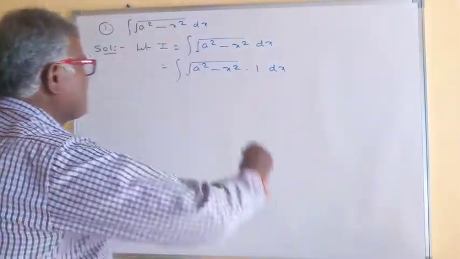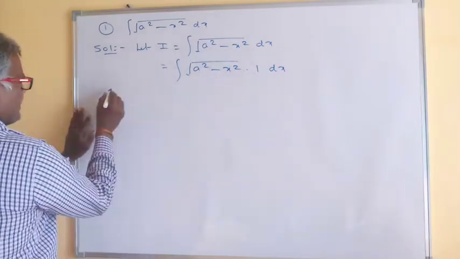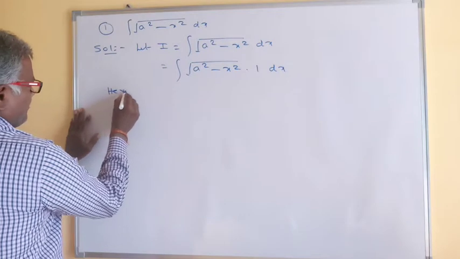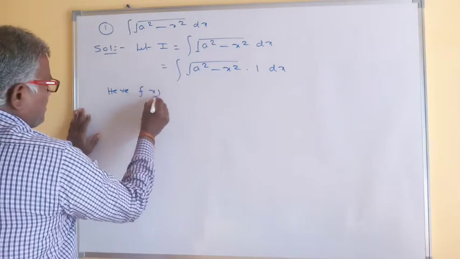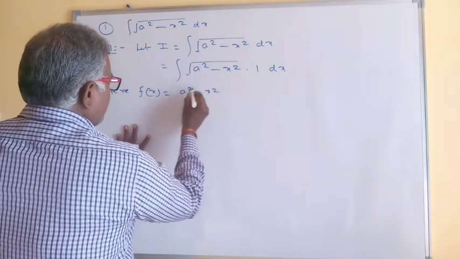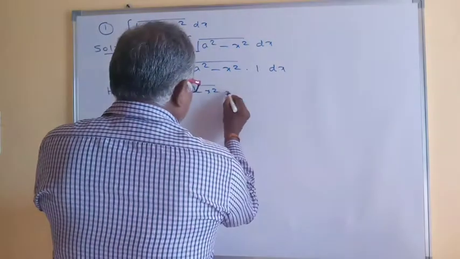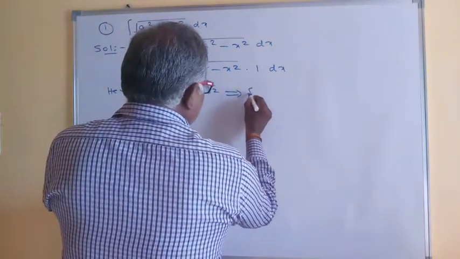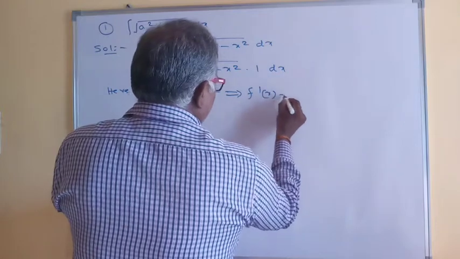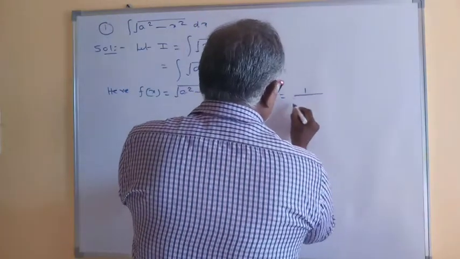Remember, always you should consider 1 as the second function. Now clearly this is f of x and this is g of x. Here f of x is equal to square root of a square minus x square. For the first function you should always find the derivative. Root x derivative is 1 by 2 root x.